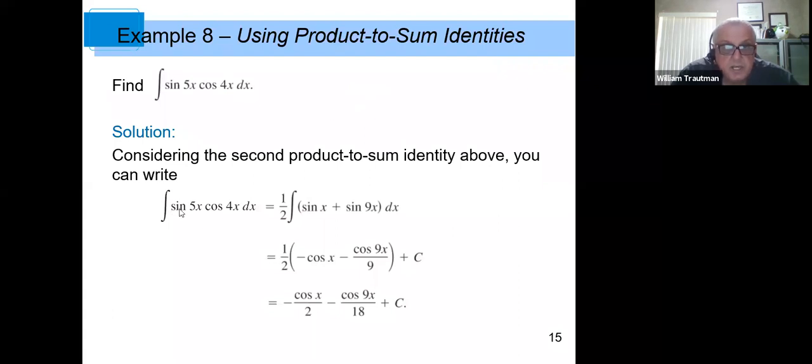So it's not too bad. I mean, this looks crazy, trying to integrate sine 5x times cosine 4x. If you look through your 100 integration formulas, I wonder if this one's in there, sine and cosine multiplied together.